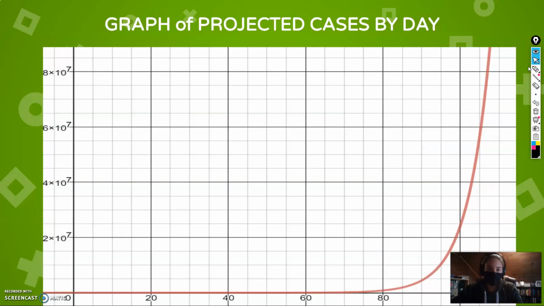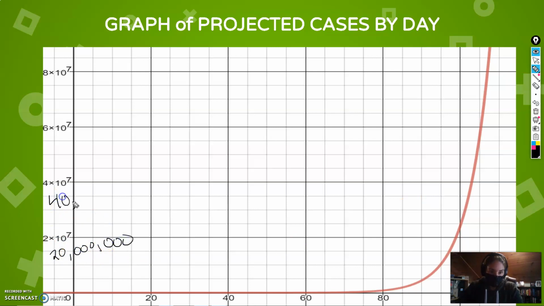Here's the graph. Okay, days are on the x-axis. So this is days. Day 0 is January 22nd. Okay, day 80. We are in day 68 right now, so we're somewhere around here. Day 104 is somewhere around here. Okay. These are huge numbers. This number here is 20 million.